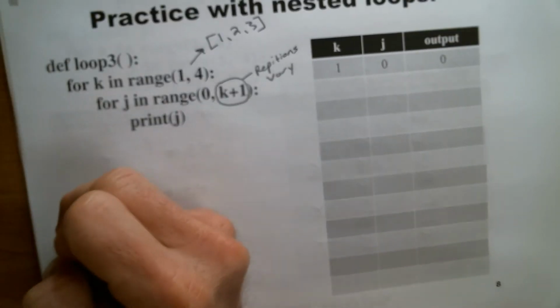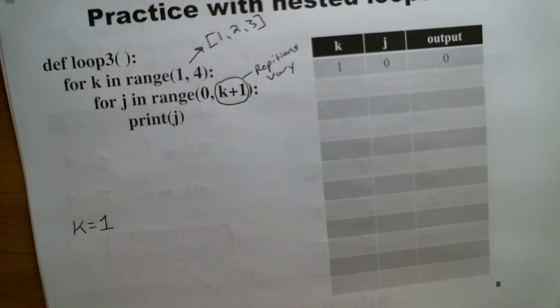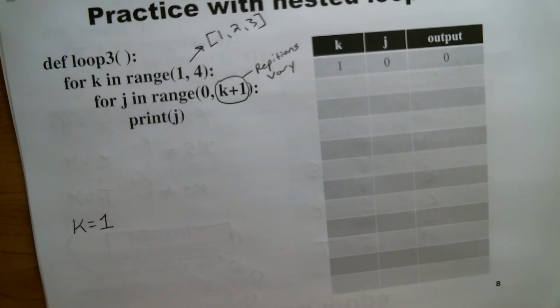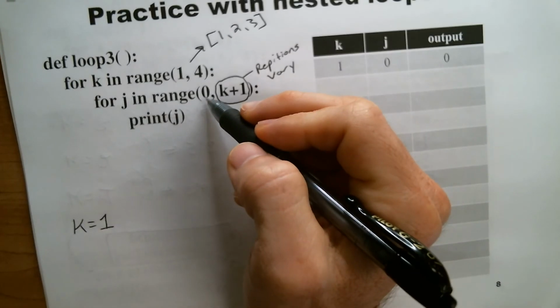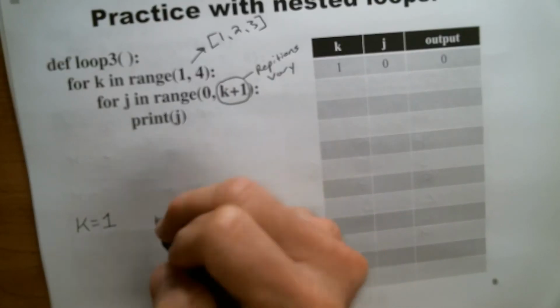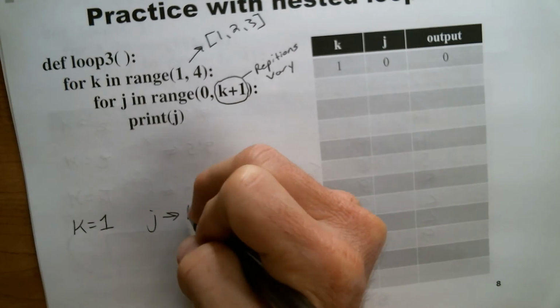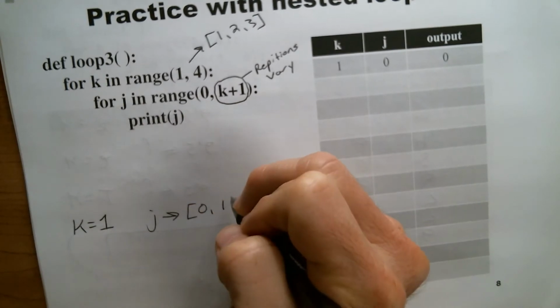So when K equals 1, the very first time it goes, J is going from 0 to 1 plus 1, or 0 to 2. So J is only going to give us 0 comma 1.